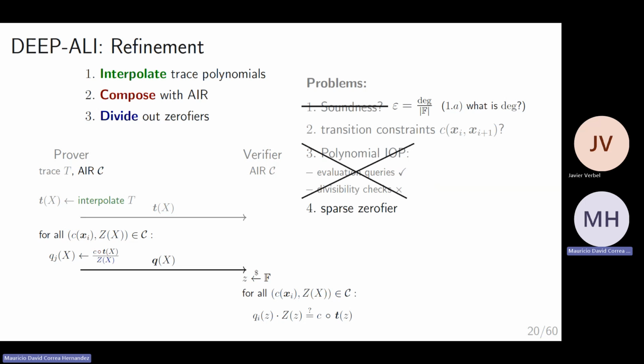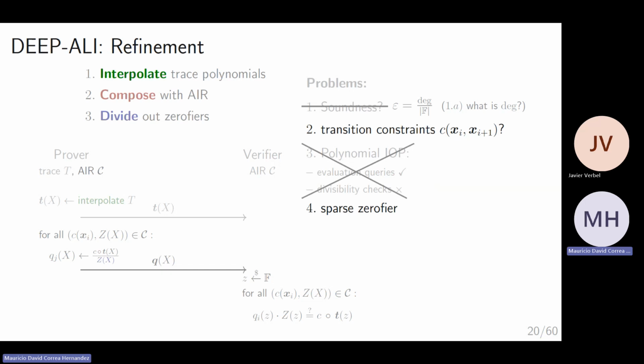And the number of points is the number of cycles in the computation that we ran. And so how can this verifier evaluate Z of X if its degree is linear in the computation length? Well, the answer is Z of X needs to be sparse.